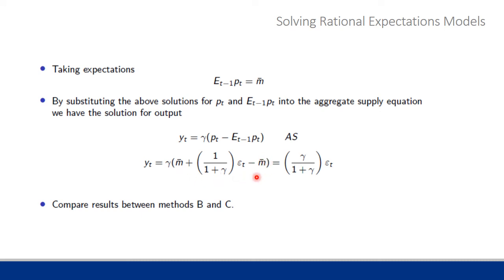And this reduces down to just gamma over 1 plus gamma epsilon t. Compare the results from methods B and C and you will see that they are equivalent for the same model. So there is a choice between method B and C when you are applying them to a forward variable rational expectations model.